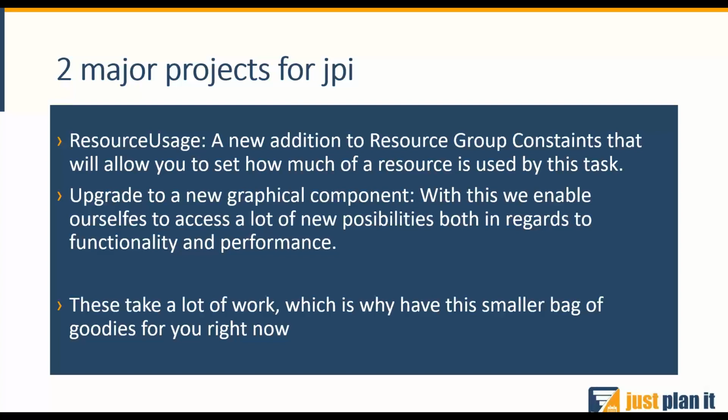And the first part of that, and the major part for you guys, will be the resource usage, which will be a new addition to resource group constraints that will allow you to set how much of a resource is used by this task. For example, if you have a couple of tasks that fully work out on a machine, but you have 10 of those machines, you can simply say, okay, for this machine, it takes the entire resource.